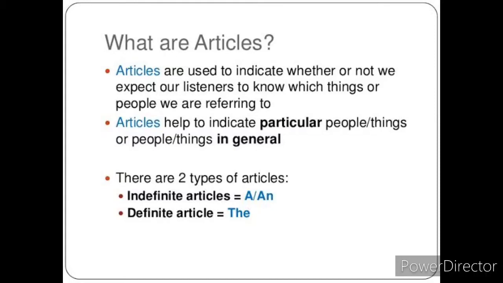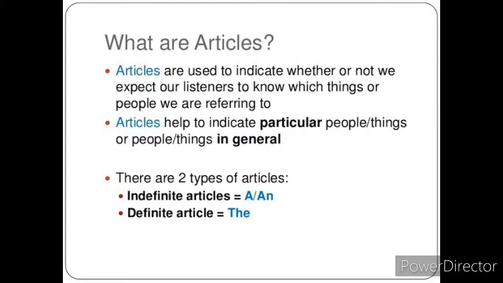So articles are used to indicate whether or not we are expecting our listener to know which thing or people or place we are referring to. So this is the way article is used and it helps to make the listener understand and know what they are referring to.